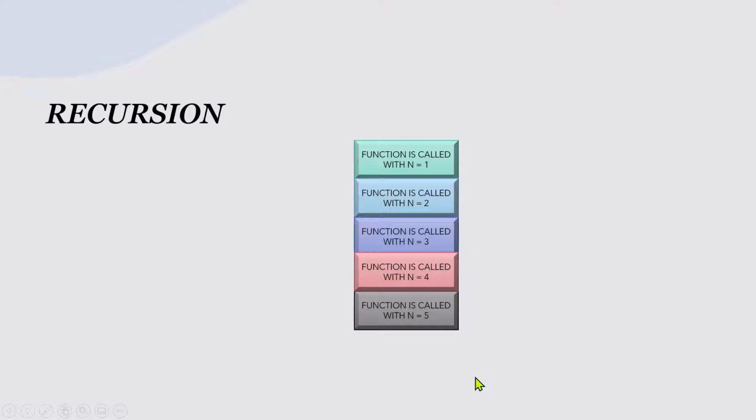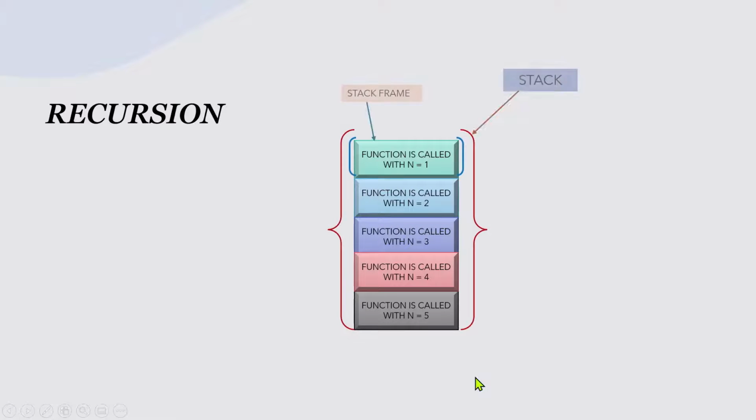Notice how we move backwards, right? This is our stack, and each of these is a stack frame. So every time there's a function call, there's a stack frame, that is, and the technical word is pushed onto the stack, right?